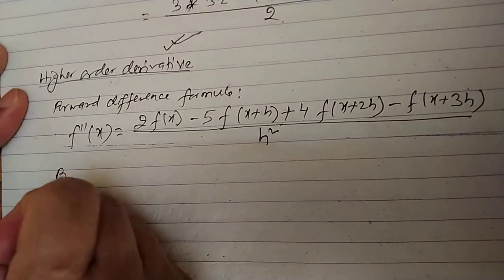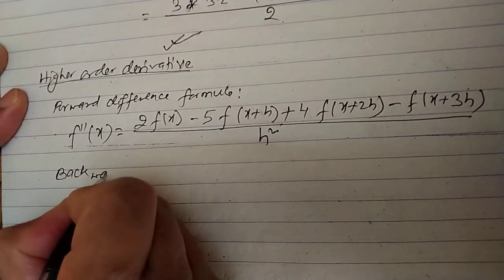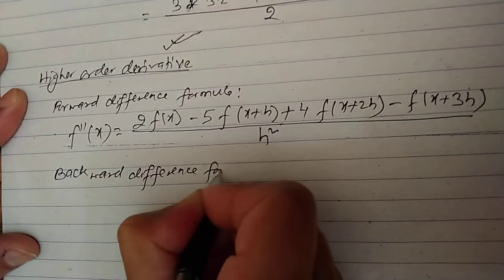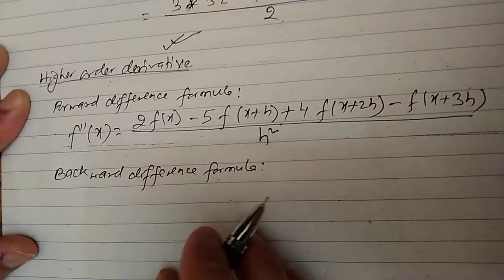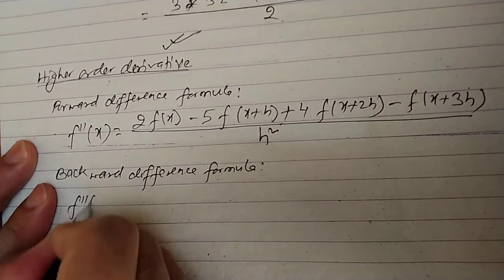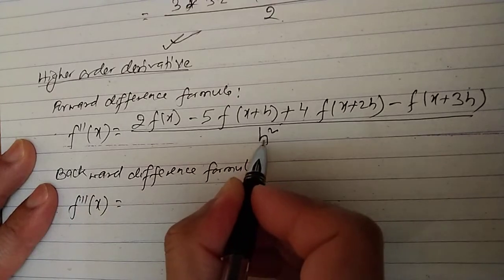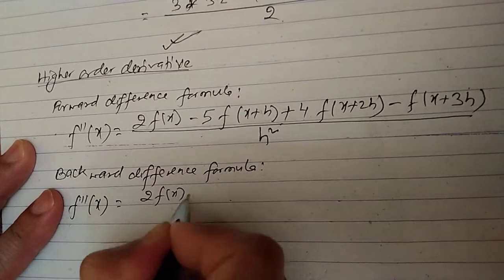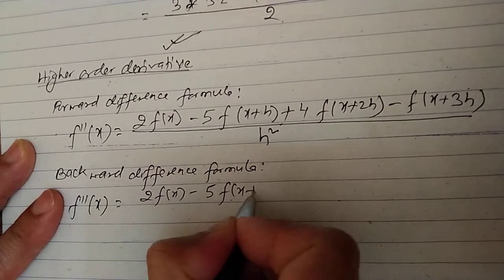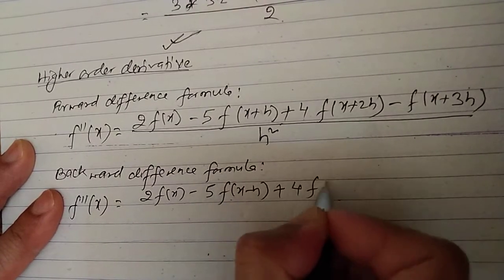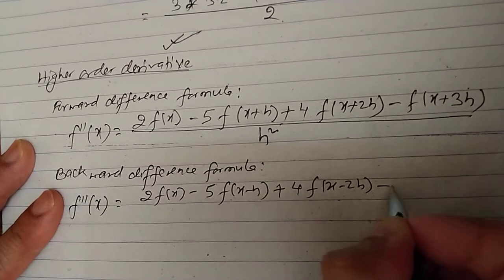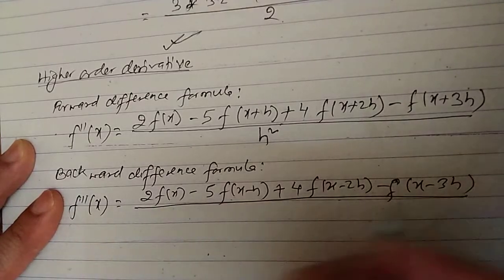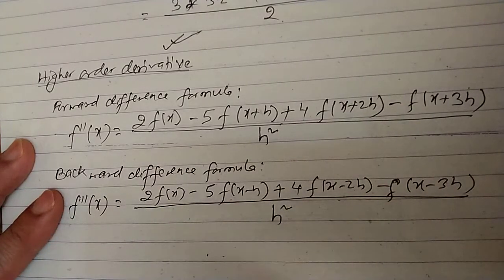So backward difference formula: replace h with minus h and you will get the backward difference formula. h square is again h square so sign will remain the same, so 2fx minus 5 into fx minus h plus 4 into fx minus 2h minus fx minus 3h whole upon h squared.